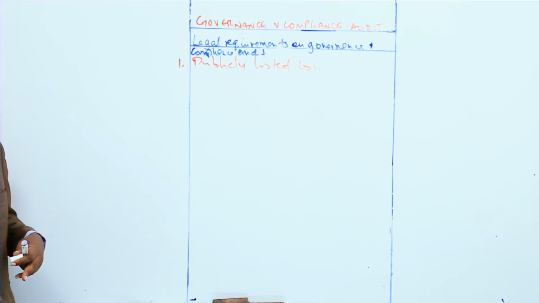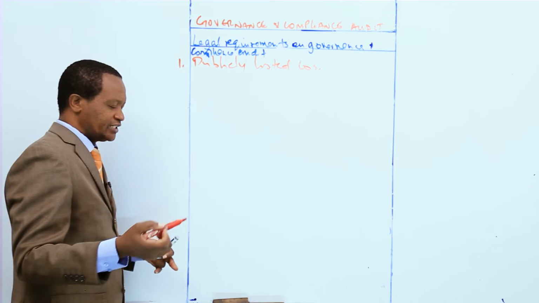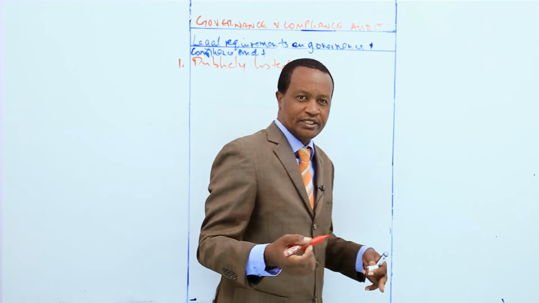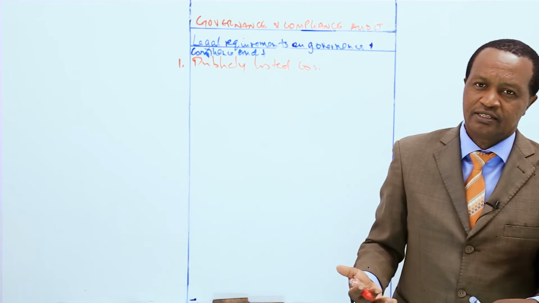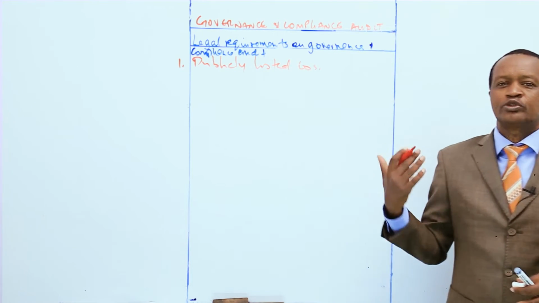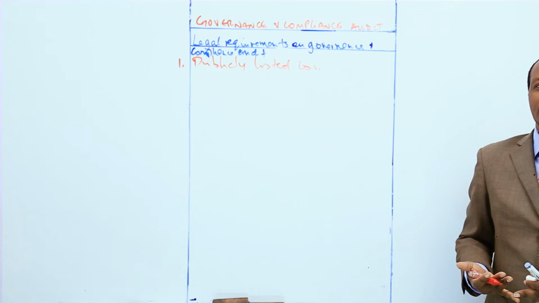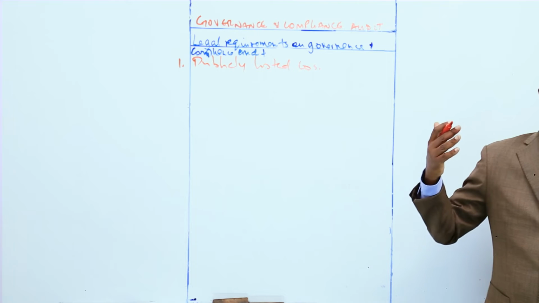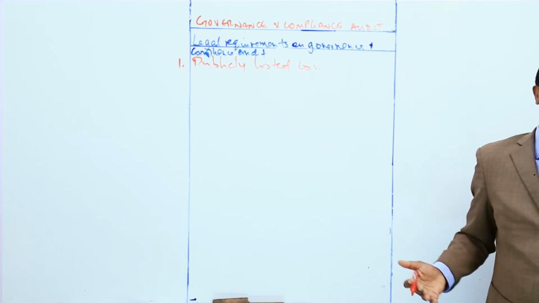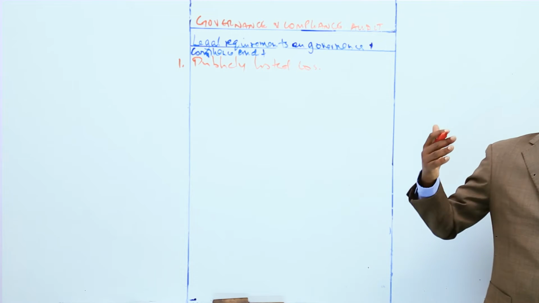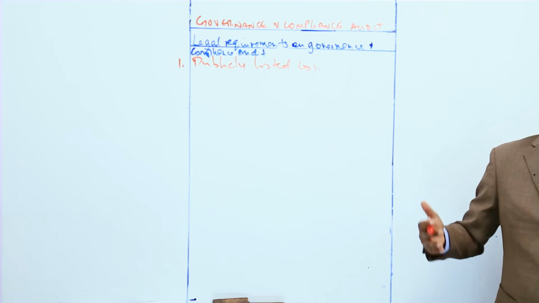So what is the governing legislation? Now, first of all, the governing legislation for publicly listed companies is the Companies Act, together with the Capital Markets Act, all right, and the CMA Code of Corporate Governance Practices for issuers of securities to the public.